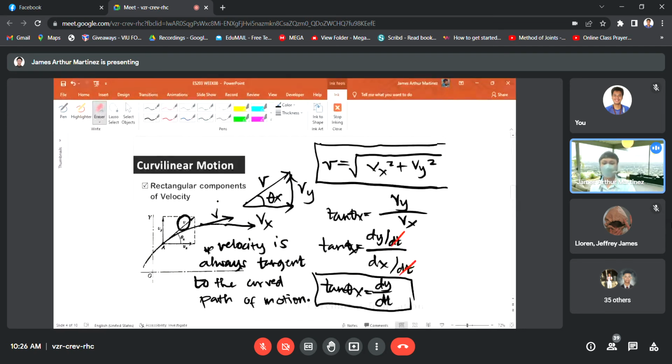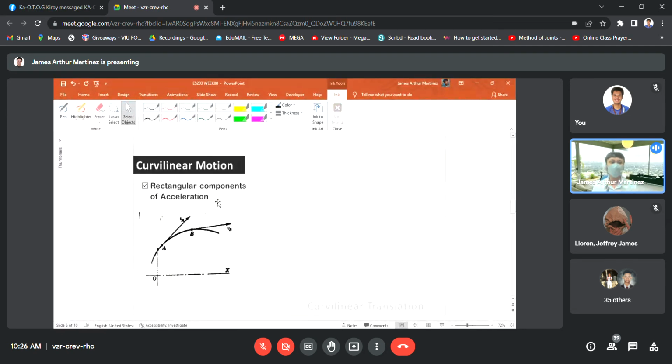So, that is for velocity. So, how about the rectangular component of acceleration? If we consider this graph, with point A and point B, you'll have this graph of your velocity for point A and point B, since we know that velocity is tangent to the curved path of motion.